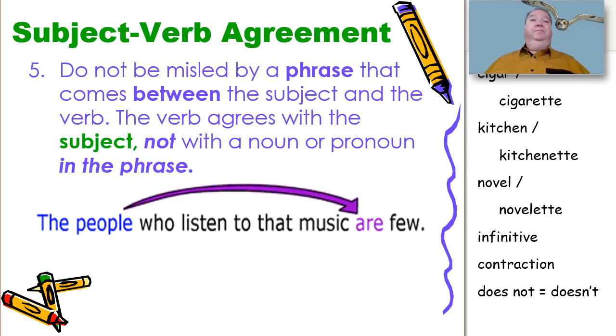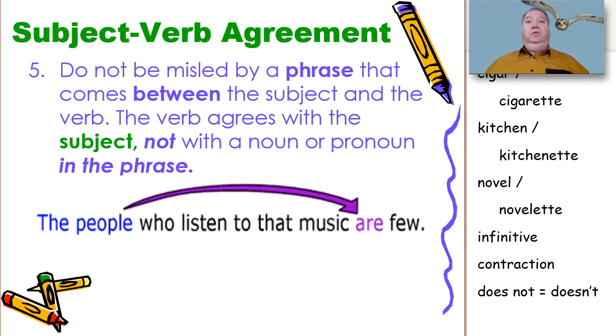So, for example, the people who listen to that music are few. What's the subject? The people. The people are few. People are. Subject and verb. Who listen to that music, that phrase describes the people.